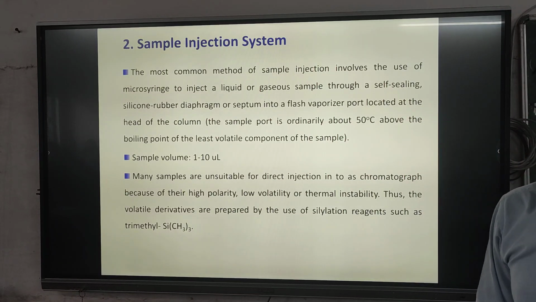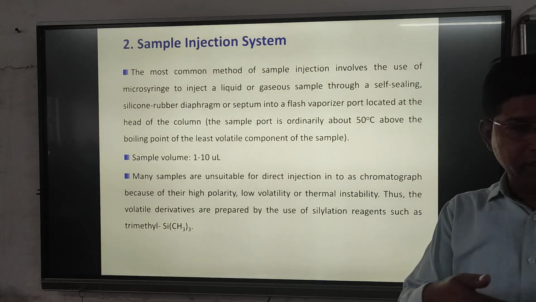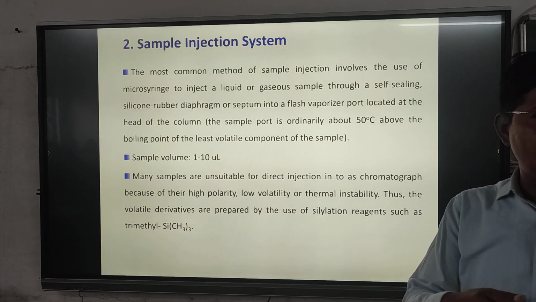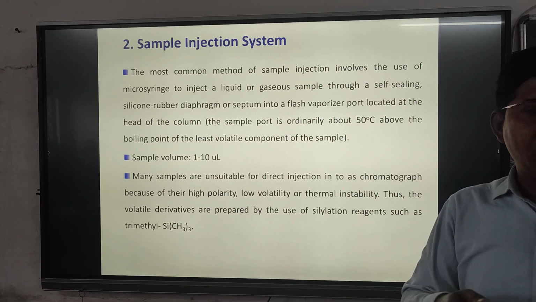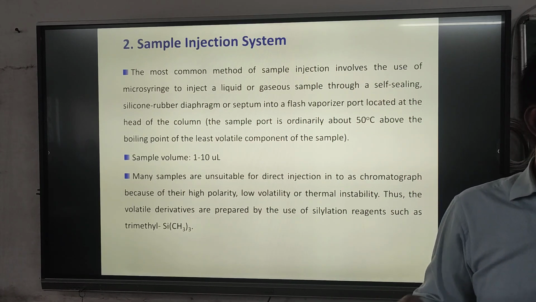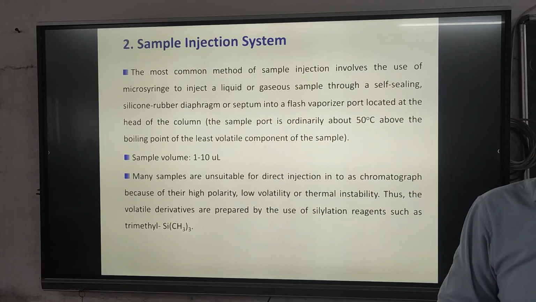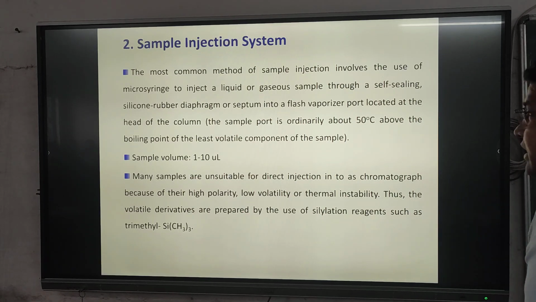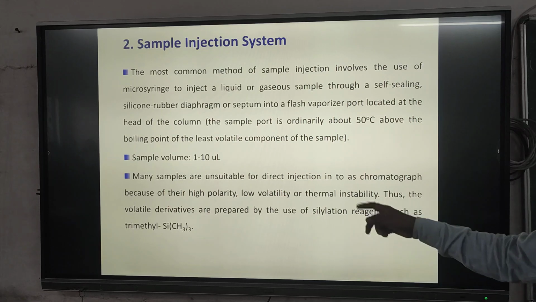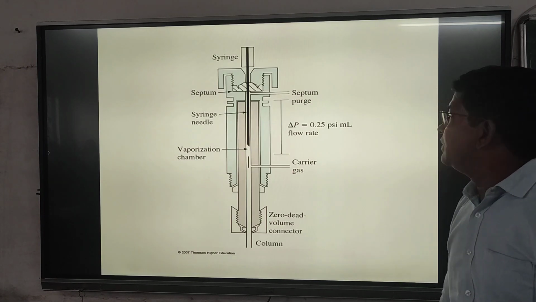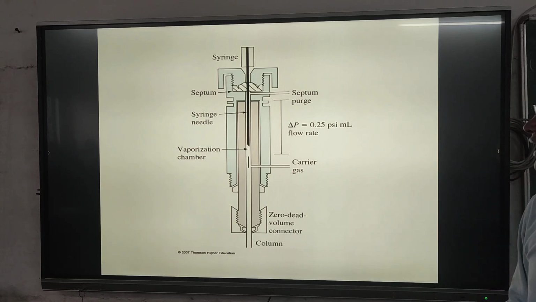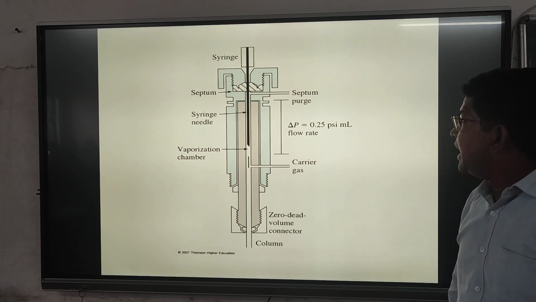Our body is also self-sealing: when we inject anything into the body, after taking out the syringe there is no outflow of blood, because our skin has self-sealing characteristics. Many samples are unsuitable for direct injection into a gas chromatograph because of high polarity, low volatility, and thermal instability.